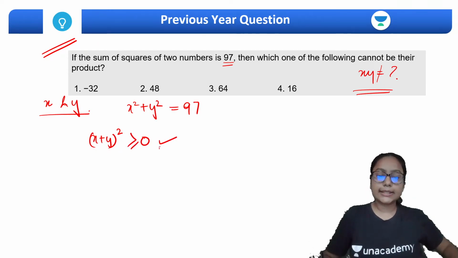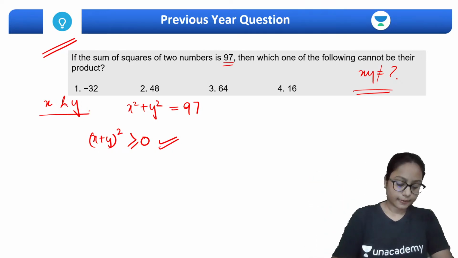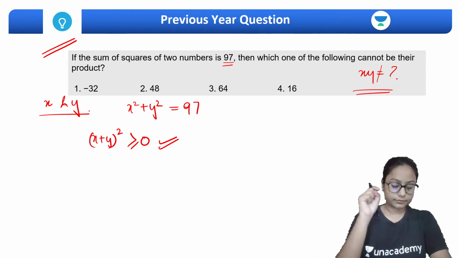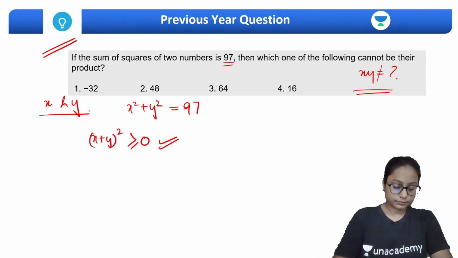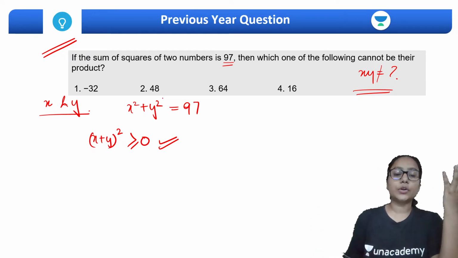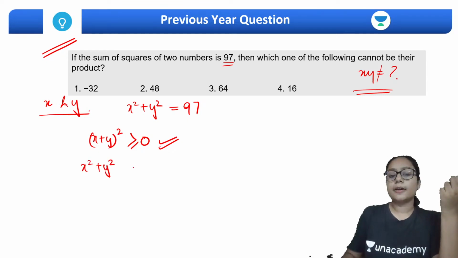Yes or no? Is this correct? Think about it, everyone. Yes, the square of any number is always greater than or equal to 0. So this is correct. Let us expand this. I can write x square plus y square plus 2xy is greater than or equal to 0.